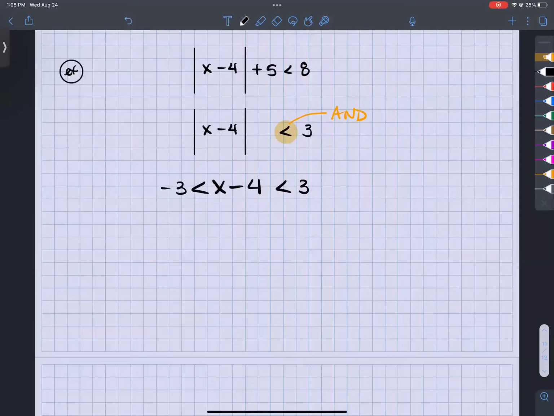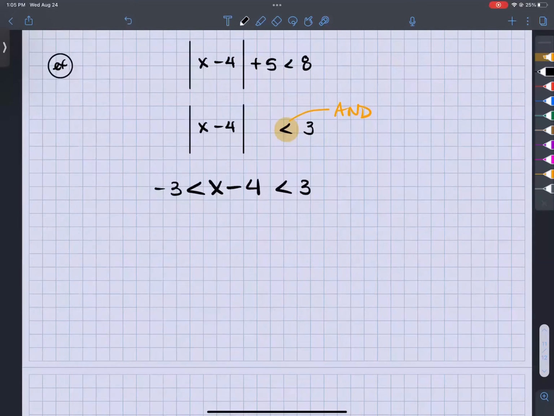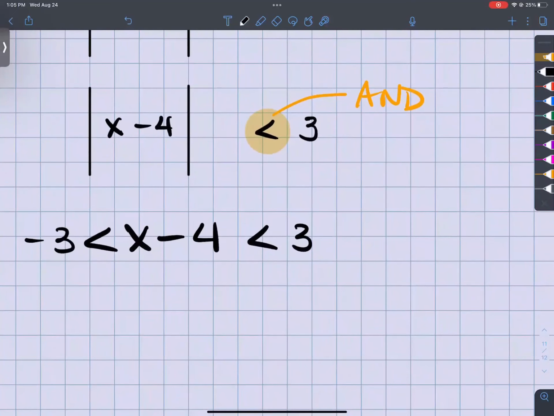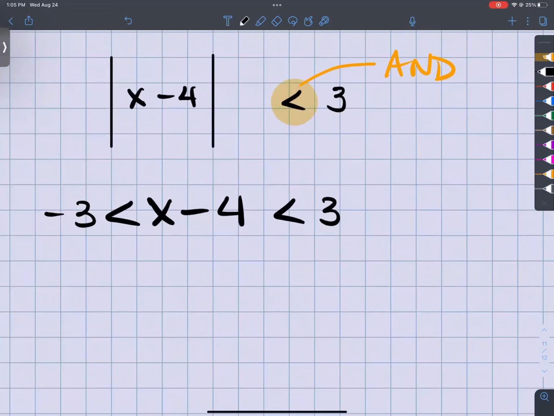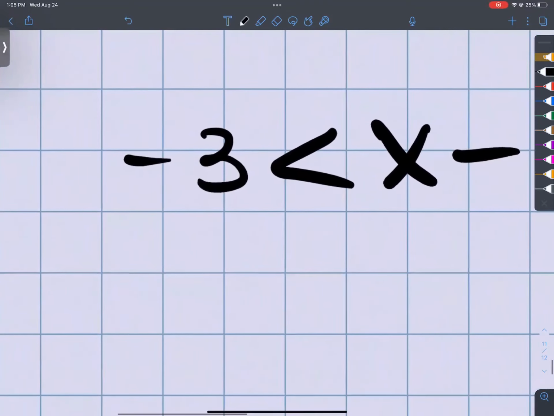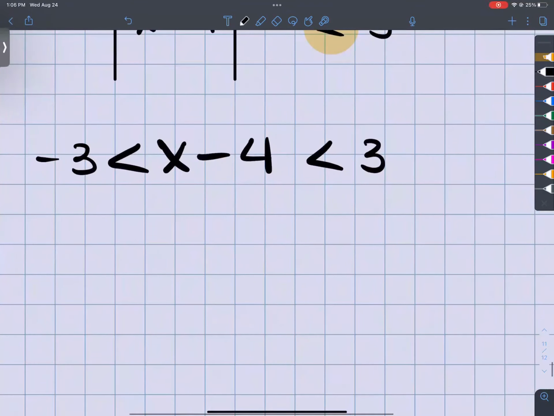Does that make sense though? What's the matter? So because there's a less than sign, I can write the and. So that means I have to have the positive 3 and the negative 3, right? Well, the positive 3 is clearly right here, and the negative clearly has to be less than 3, right? That's why I wrote the negative 3 here, right? So, and these two symbols are also going to have to be less than signs.